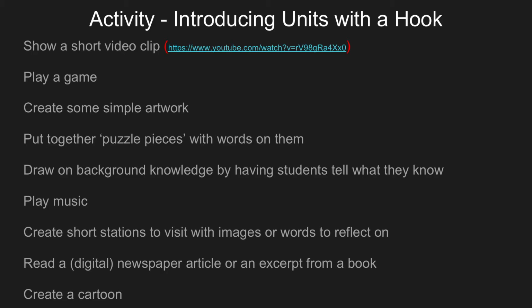Getting ideas from your local newspaper is an awesome way to introduce a STEAM problem. And also have students create a cartoon or even read a cartoon. If you're doing something political, there are some awesome political cartoons that might be appropriate for your older students.